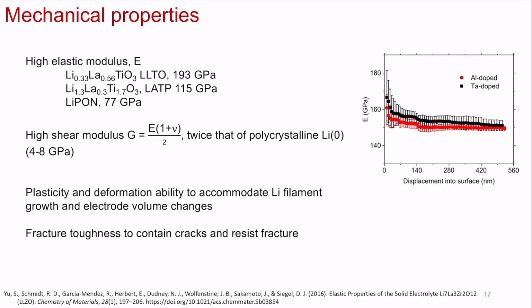So it's just not as stiff, and that's actually great, because that will help to contain cracks as they form. Because they now can get better contact with the crack. But you also want higher fracture toughness to resist the fracturing and contain the cracks once they form, so that you don't have catastrophic fracture.